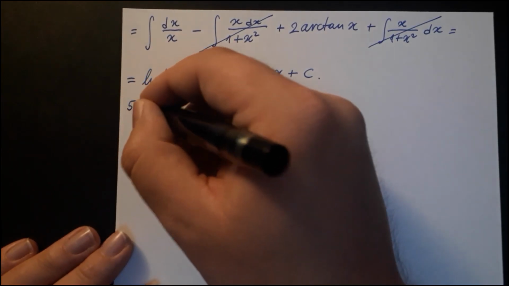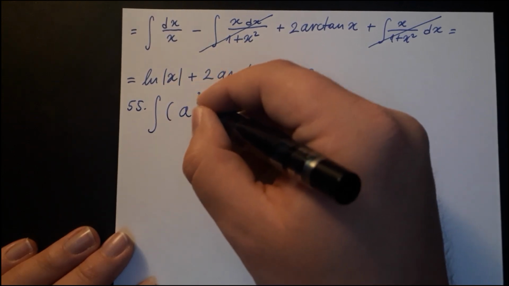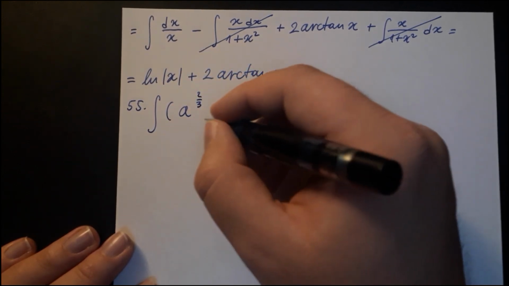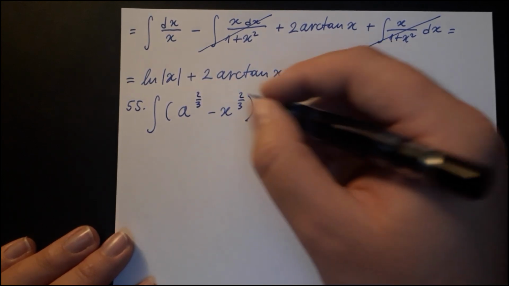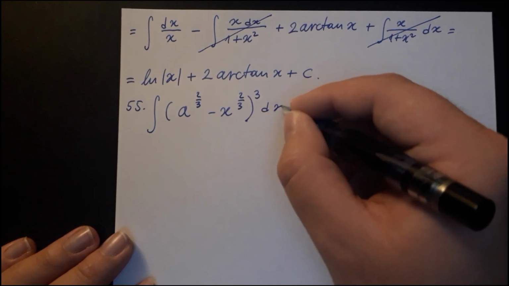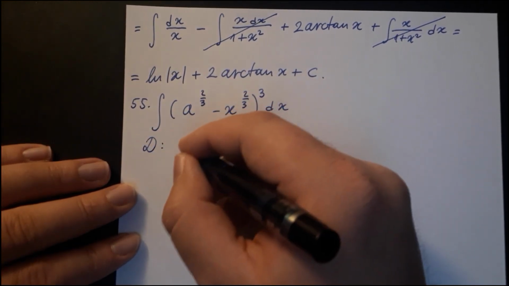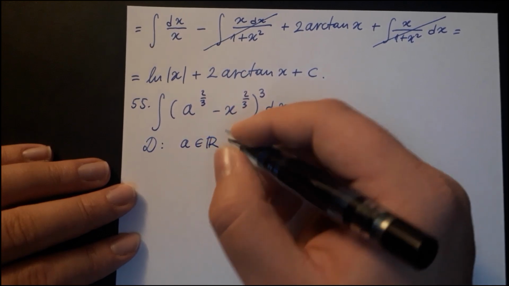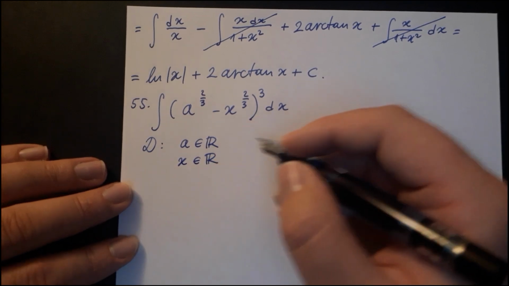Integral number 55 on our list is an integral of a to the power 2 divided by 3 minus x to the power 2 divided by 3, and all of that cubed, dx. The area in which this integral is defined is for all real numbers a and all real numbers x.